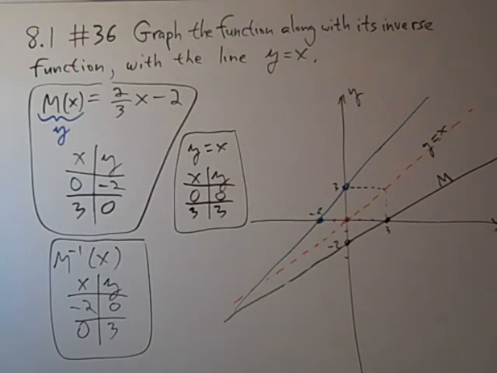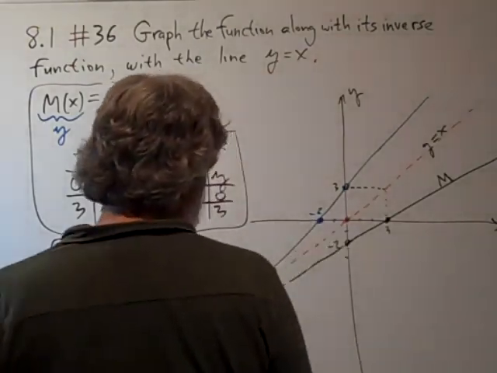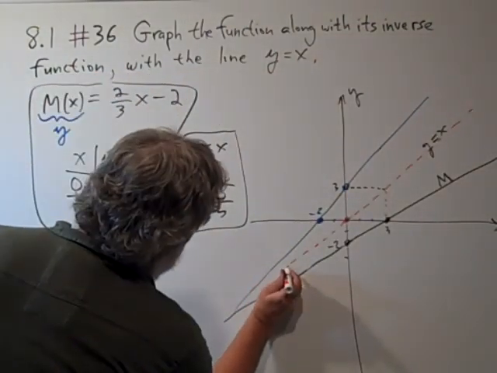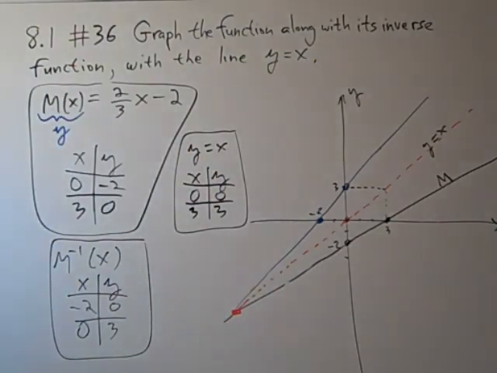And there we have, let me make sure this is even more accurate here. This should be right in the middle between them until they actually all intersect at the same point. And there we have it, the graph of the function m, the graph of the function's inverse, m inverse.